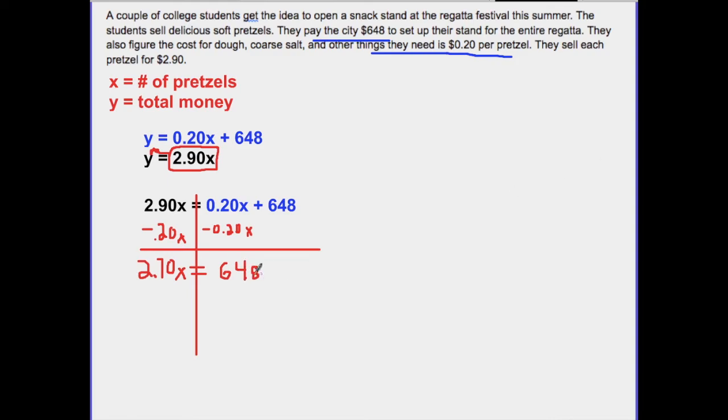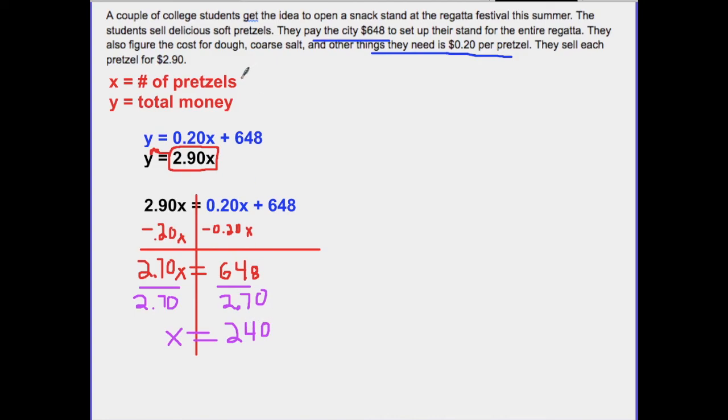And then we'll have to go ahead and divide. So divide by that 2.70. Your decimal is really important there. So if I made that decimal a little sloppy there, make sure that you do it well. That's going to be x equals, go ahead and divide that, and I get 240.